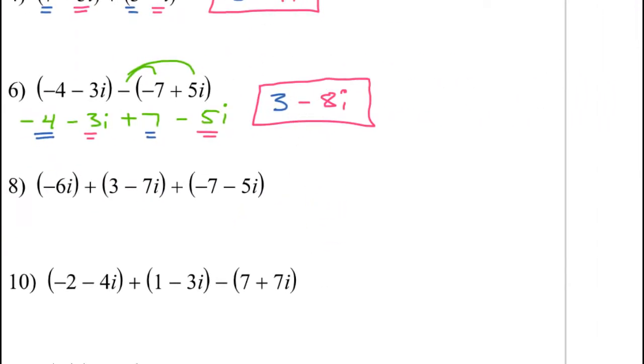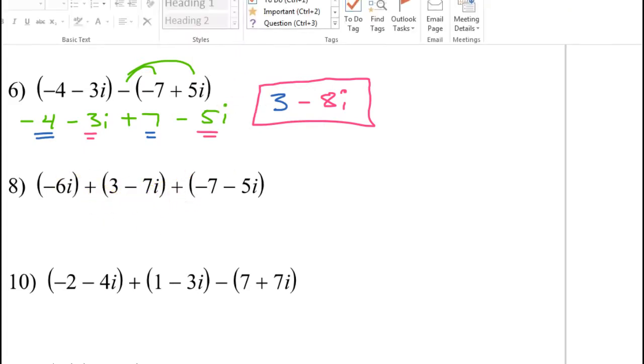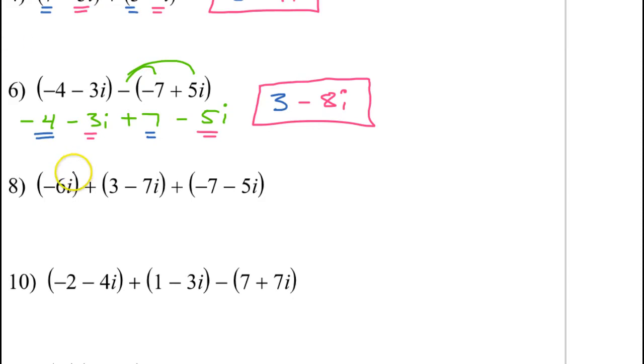Okay, number 8. There is no subtraction, so nothing is going to change. So I really can go ahead and just start combining my like terms now. So I've got this 3, and I've got this negative 7. Those are the real parts, so that's going to make negative 4 for the real part.